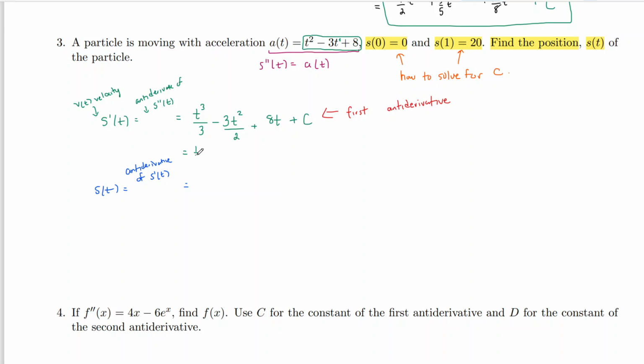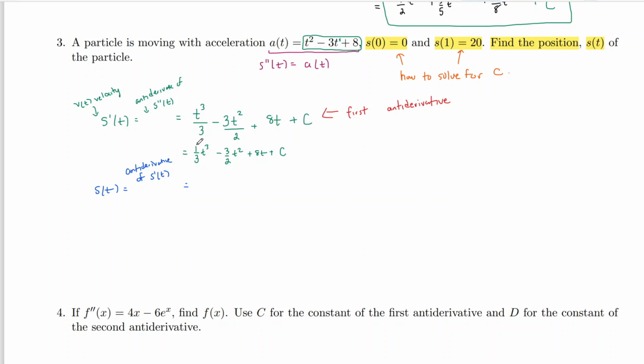So this is going to be 1/3 t cubed minus 3/2 t squared plus 8t plus c. I'm not going to change those. The reason I'm slightly rewriting these is when you do the antiderivative, you want to just look at the power. So having this 3 in the denominator may throw you off a little bit, especially at first.